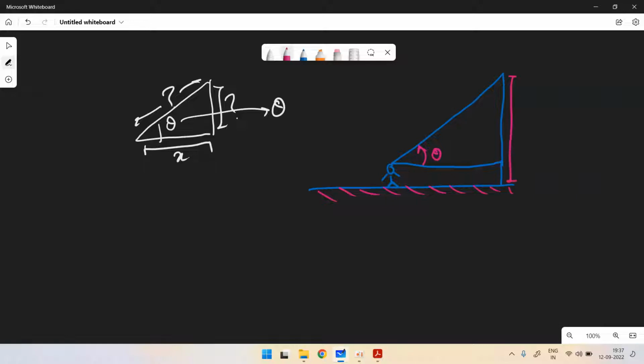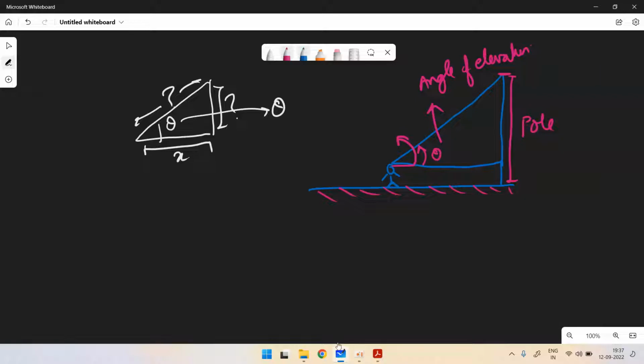Suppose this is a pole. Now what is this angle here? This angle theta is known as the angle of elevation. Why? Because you are elevating your eye upwards so that you can see the top of the pole.